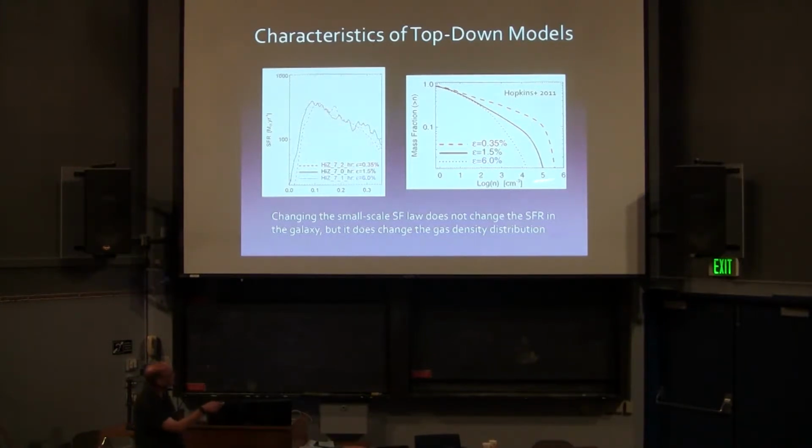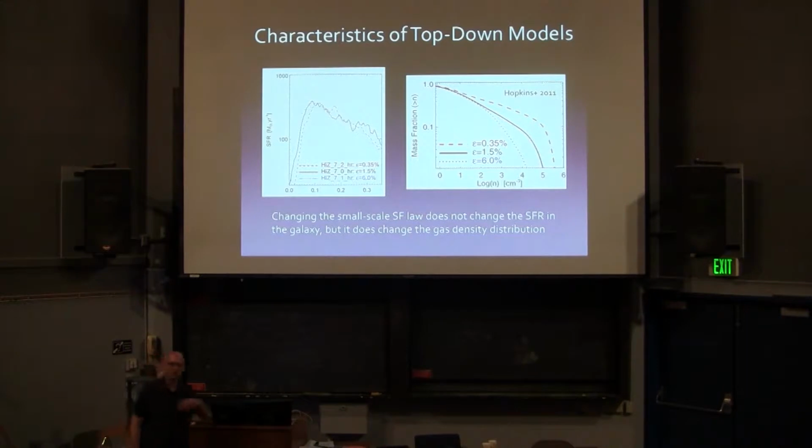And that's what's illustrated here. So this is the mass distribution in these three different simulations with these different values of epsilon. That is, how much of the mass is at a density of n or less? You see there's a lot of the mass at a density of 10 to the 0 or less. The amount of gas at high densities is very, very different depending on which value of epsilon you choose.